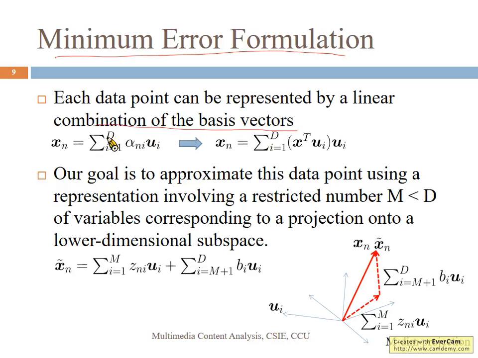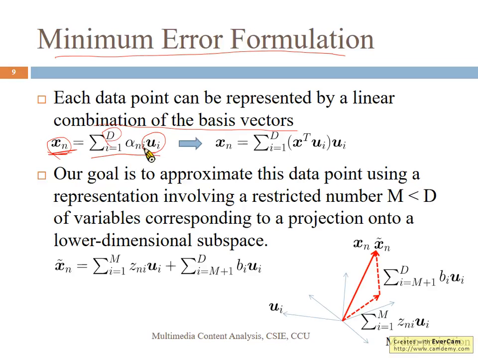Assume that the original data point is in d-dimensional space. So we have d basis vectors, and we can represent each data point as the linear combination of these d basis vectors. And now we want to find a subset of these vectors so that we have minimal projection error between the original data and the projected data.